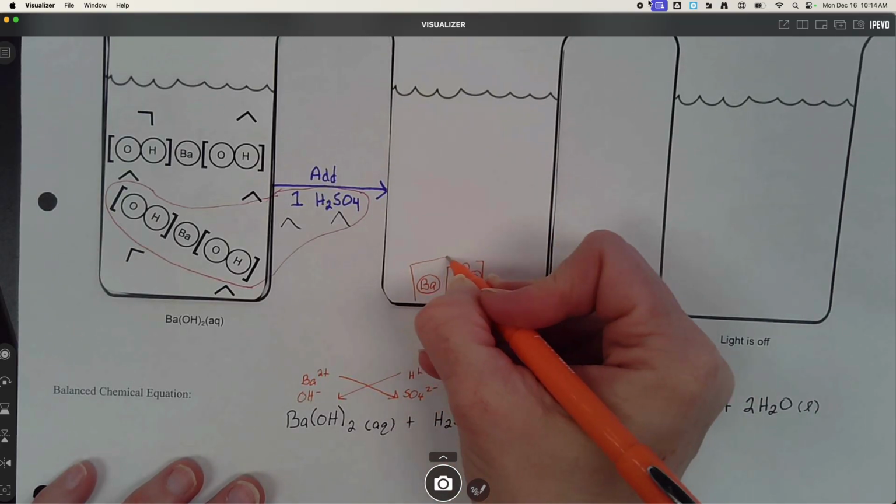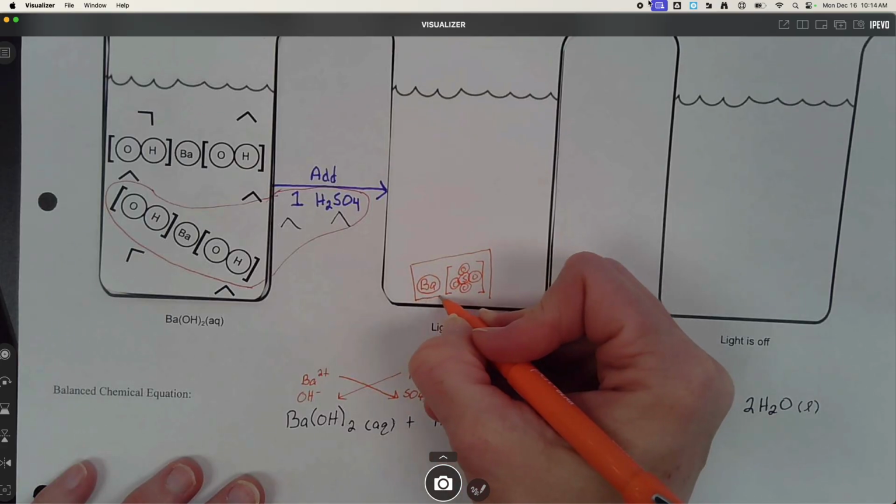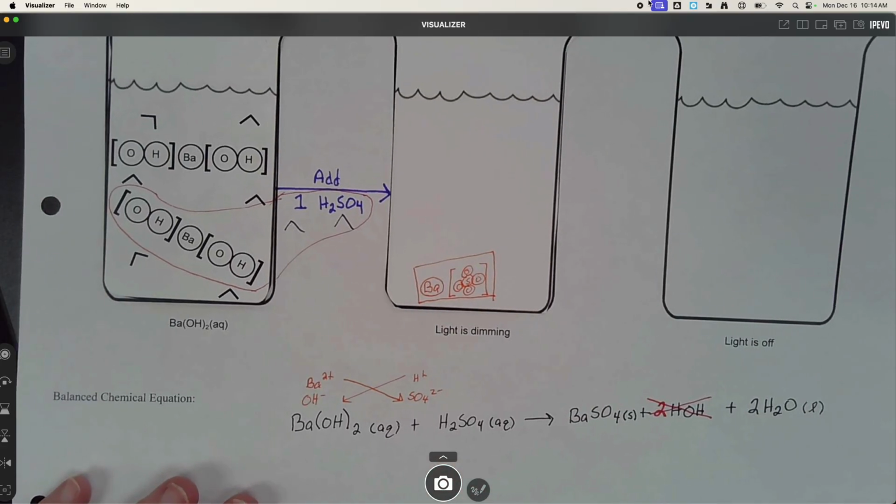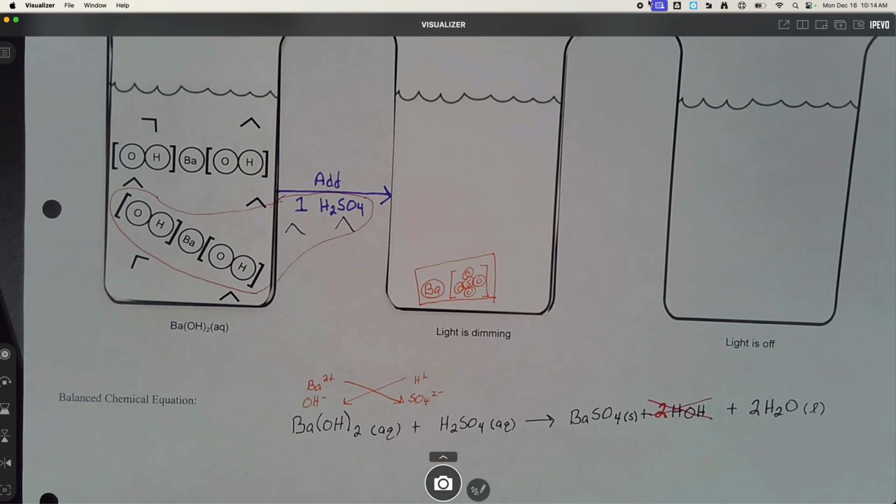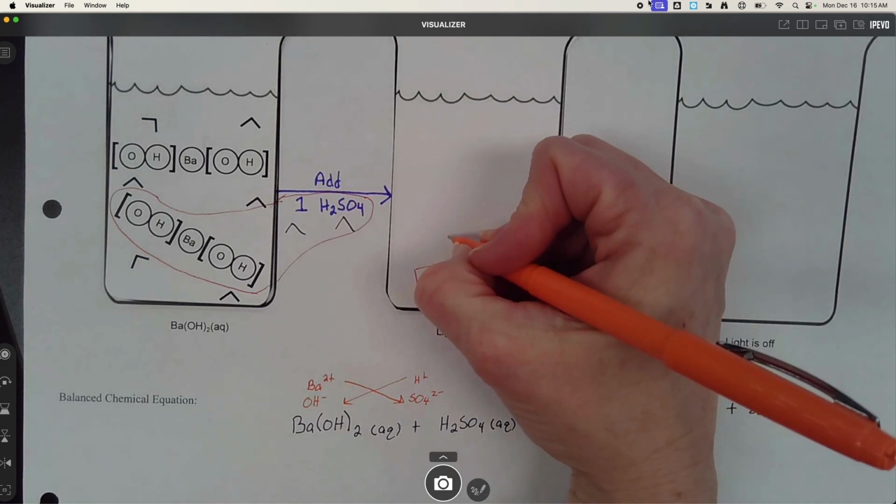And we saw that this, for some reason, seems to have formed a solid. Now, you don't need to understand why that formed a solid. We're just going purely on our observations here. We saw it happen. That formed a solid. That's what we're kind of stuck with as our story. In addition to the 1 barium sulfate, one batch of reaction also makes 2 water molecules.